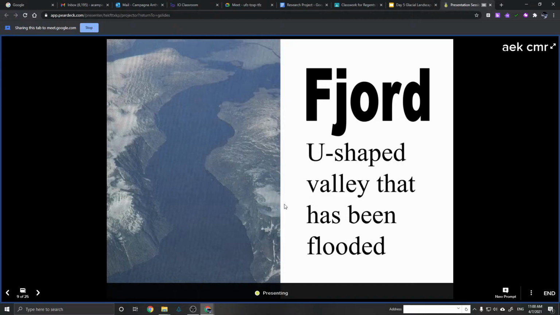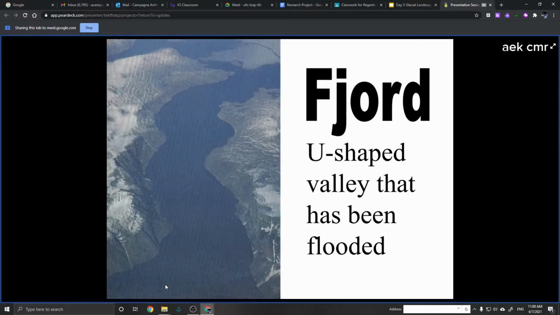Fjords. So what is a fjord? Fjords are U-shaped valleys that have been flooded. So yes, and I know there's a J in there. J is silent. These guys, for the most part, were caused when glaciers came through. During the last ice age, sea level was lower because much of the Earth's water was trapped in glacial ice.